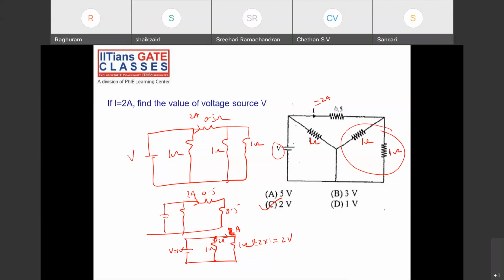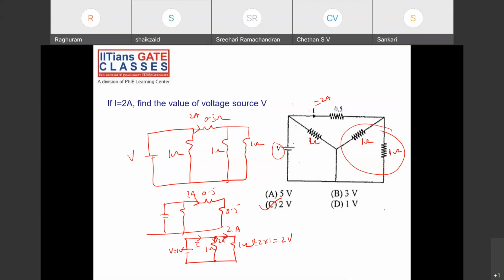See, if some current I is flowing here, and this current is 2 amperes, and both the resistances are the same. If 2 amps is flowing here, what will be the current flowing here? I minus I, minus 2. And also remember, these two resistors are equal.